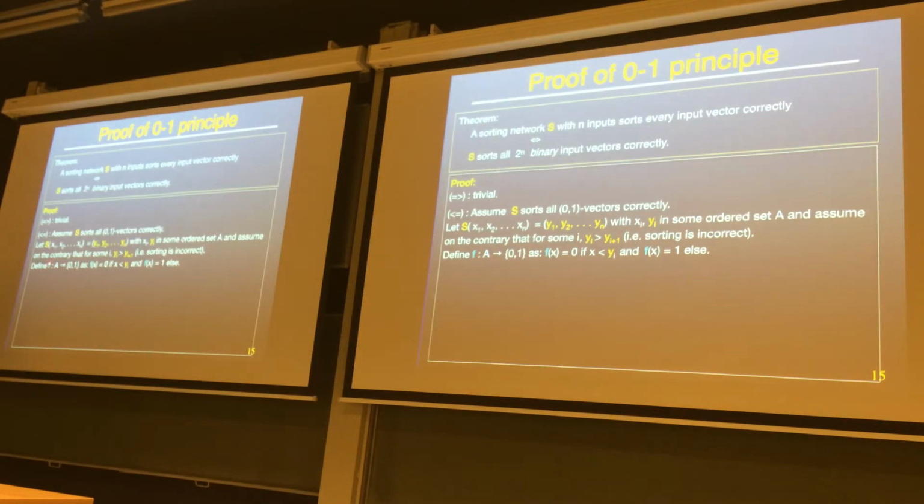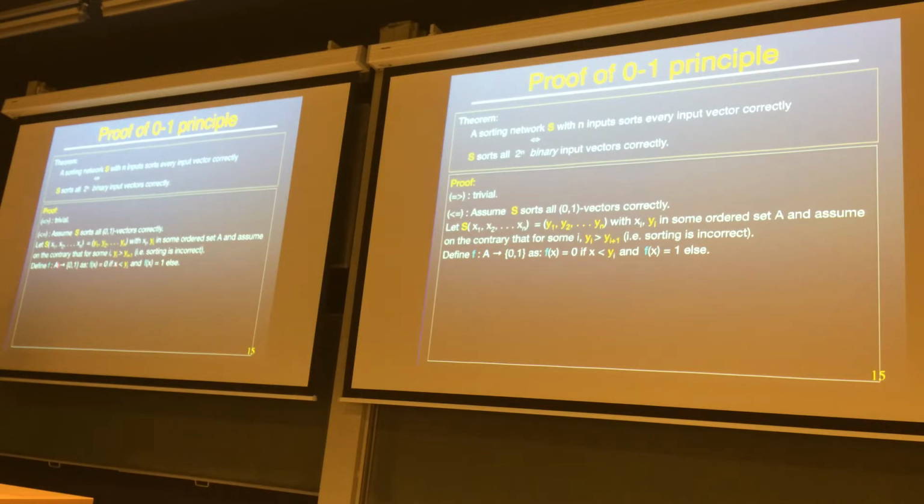we make a function, f. And this function has some domain, let's say natural numbers or integers or reals or whatever. It's an arbitrary domain. It's ordered. And it maps such arbitrary numbers to binary numbers. Right? And it's defined as follows.